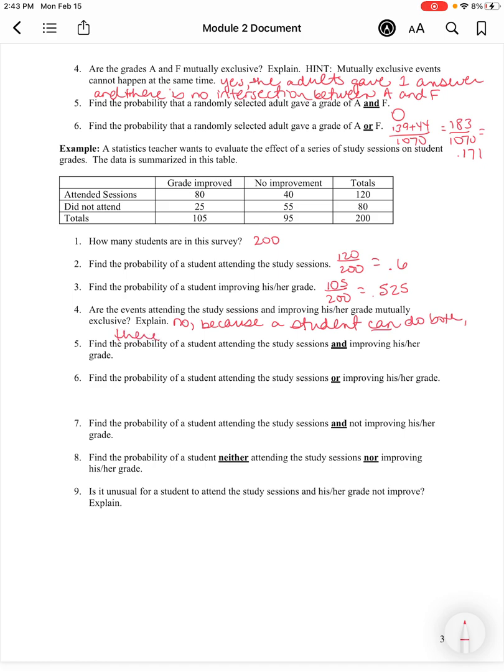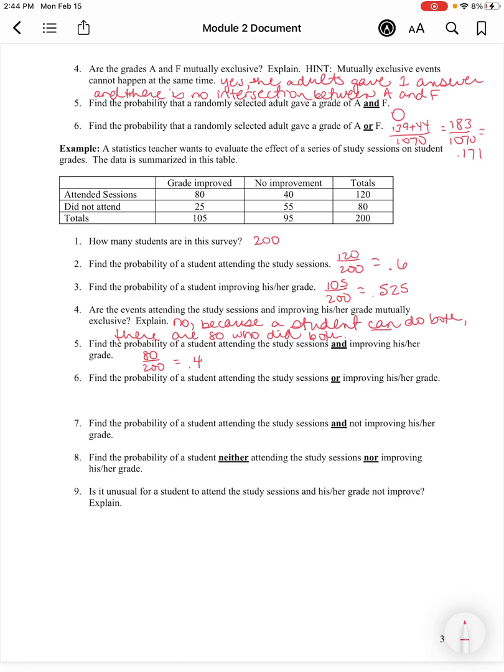And the intersection of attended and improve their grades is 80. The probability of a student attending the study session and improving his or her grade, well, that's the intersection, so that would be 80 out of 200, which is 0.4.